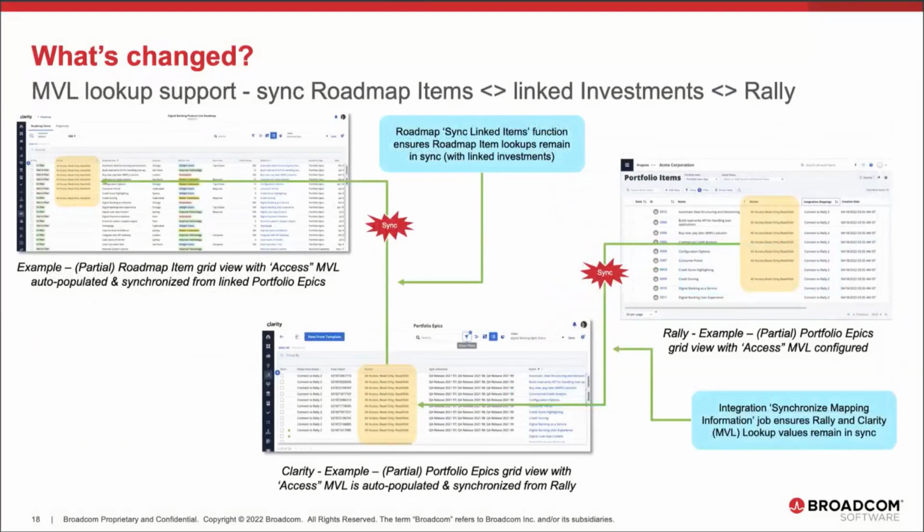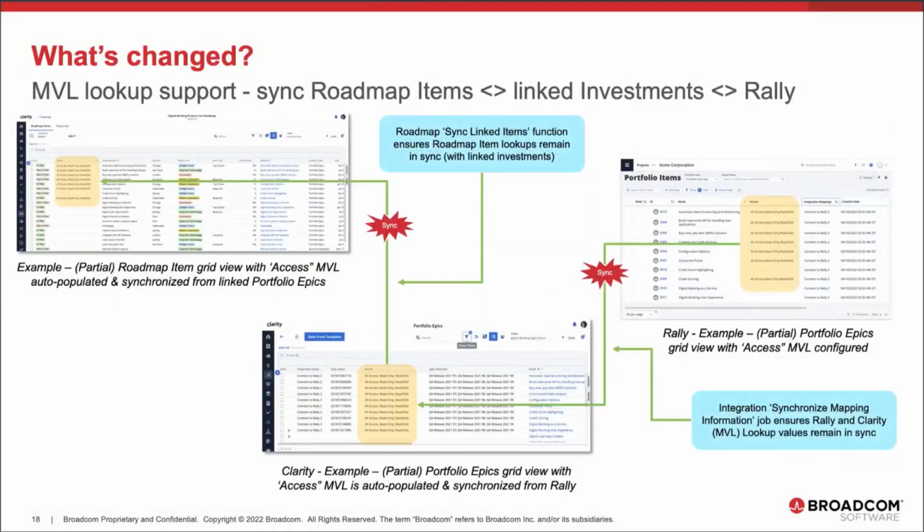Another piece that was updated is the ability for multi-value lookup sync from Rally into Clarity or vice versa. If you think of the Clarity Rally situation, those are kept in sync, such as Rally's milestone field, which is a multi-select.